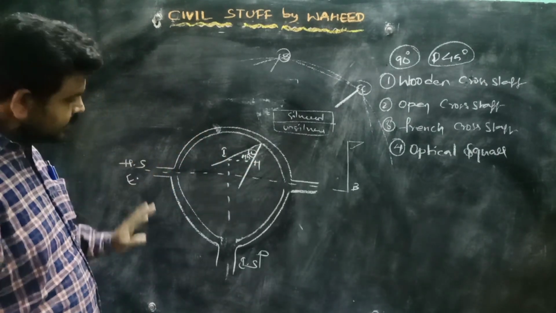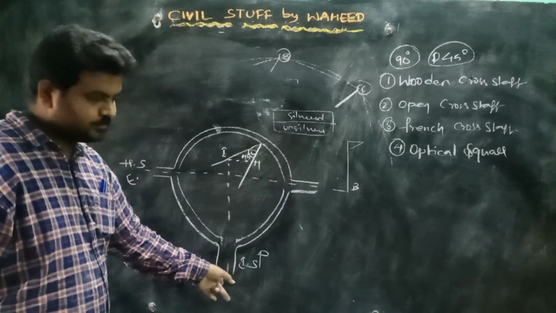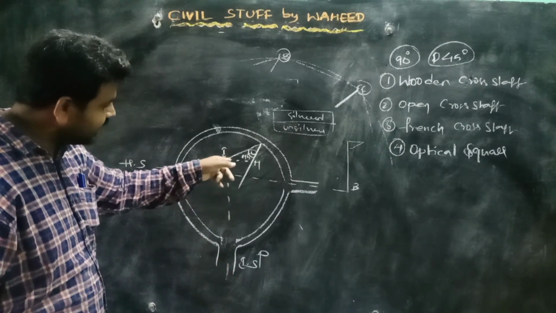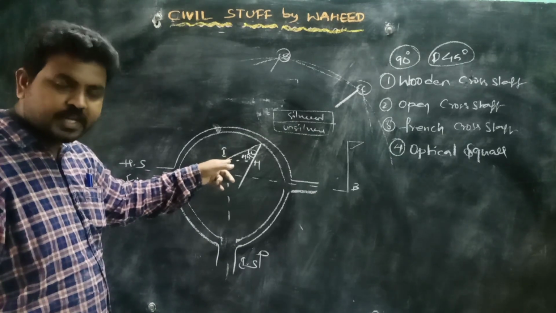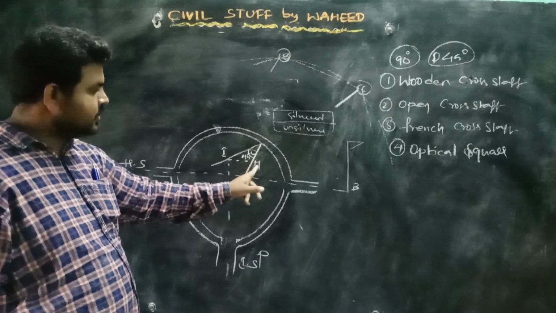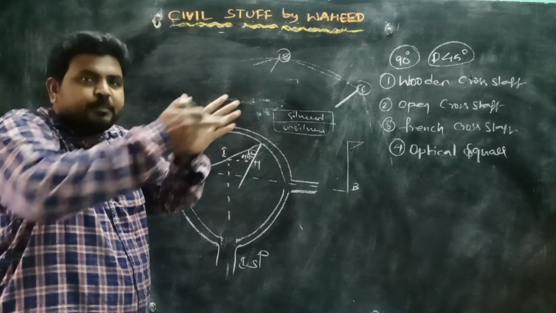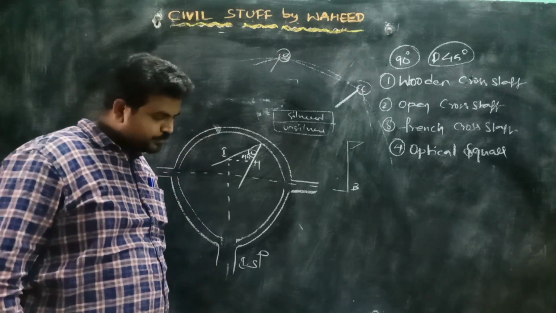So the ray from the object is reflected in the index glass, which is again reflected in the horizon glass, from where we can see whether our sides are perpendicular to each other or not.